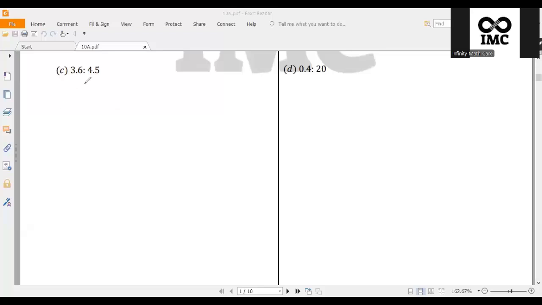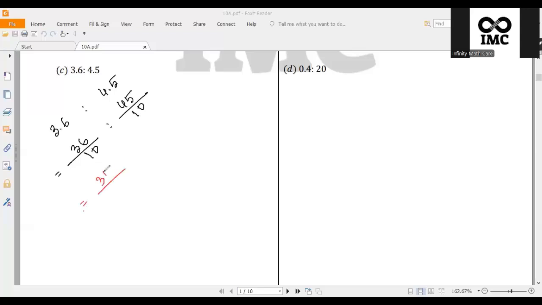Now, question number C. Question number C says 3.6 is to 4.5. At first, we need to convert these decimals into fractions. 3.6 can be written as 36 by 10. 4.5 can be written as 45 by 10. We can use three different methods to solve, but it is better if we use the division method.